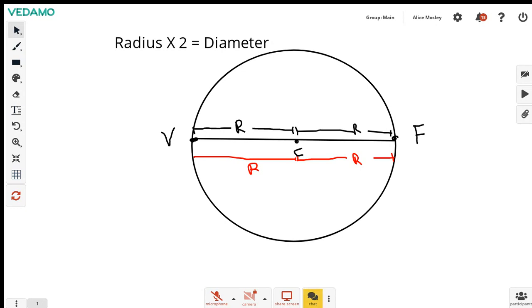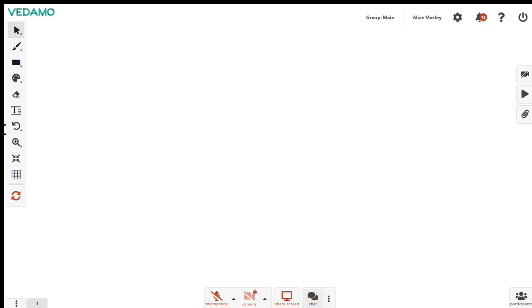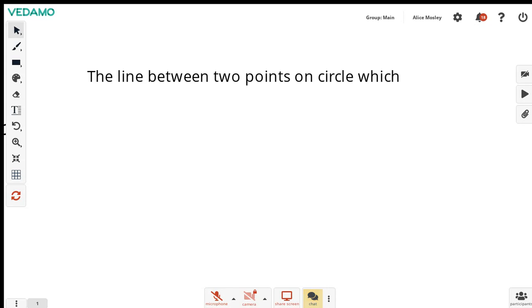So please write this definition down. The line between 2 points on a circle which goes through the center is known as diameter.